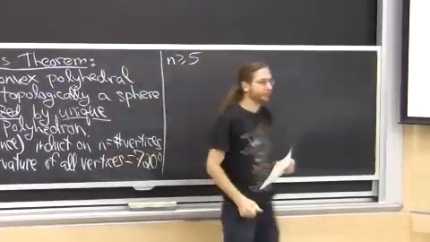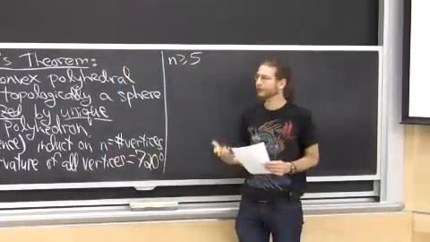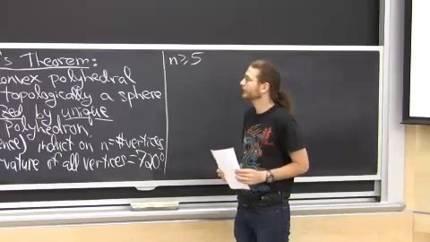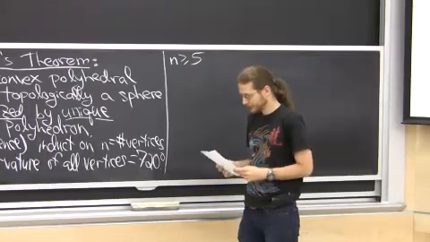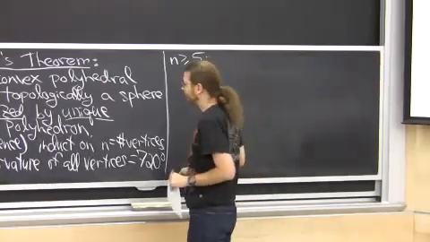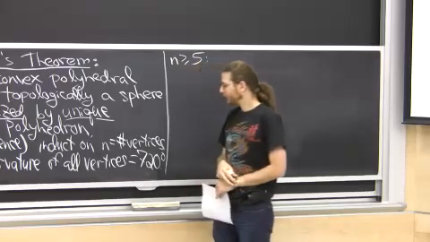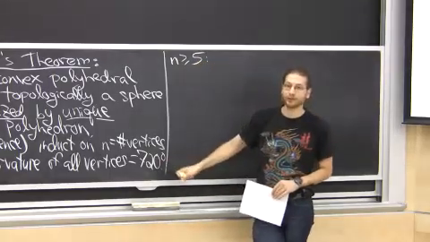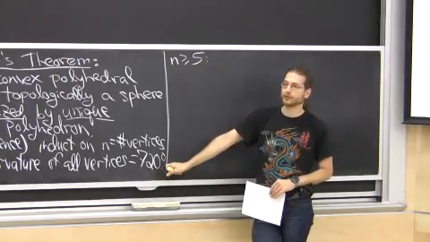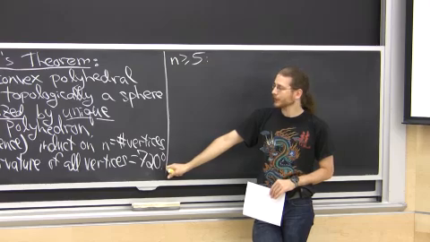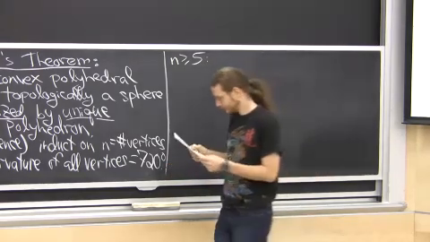All right, I'm also going to assume that my polyhedron has at least 5 vertices, or really my polyhedral metric has at least 5 vertices. If it has at least 5 vertices, in other words, more than 4, then there will be some vertex that has less than a quarter of 720 curvature. In fact, 2 of them.